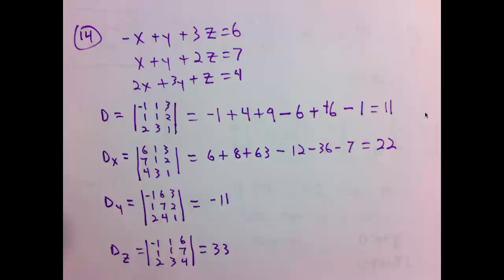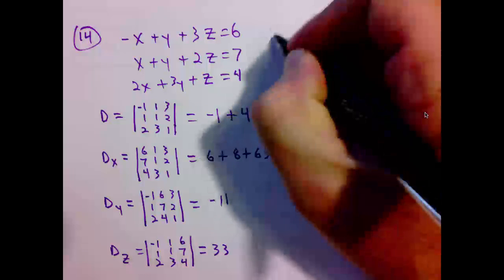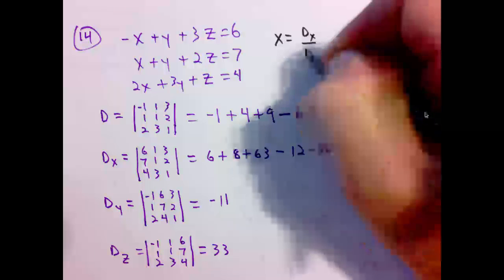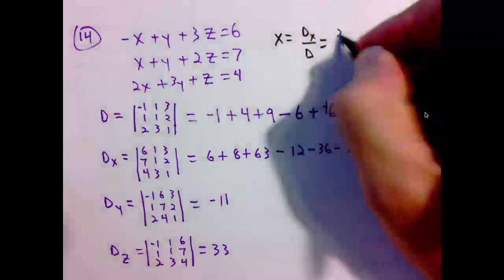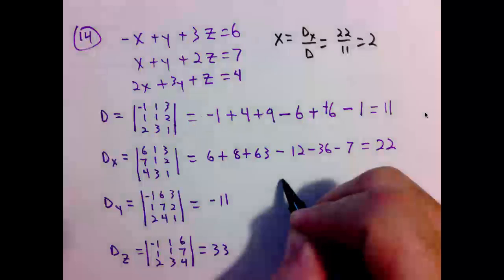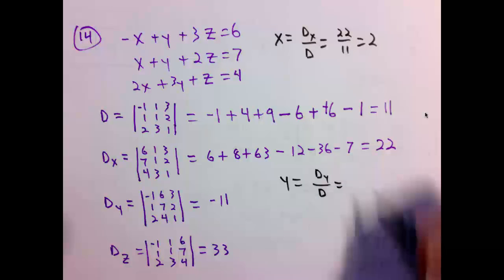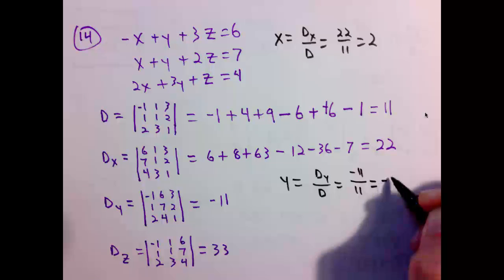All right, so to find each one of the coordinates of my solution set, x is going to be Dx divided by D. So in this case, 22 divided by 11, that's 2. y is going to be Dy divided by D, and that is negative 11 divided by 11, that's negative 1.